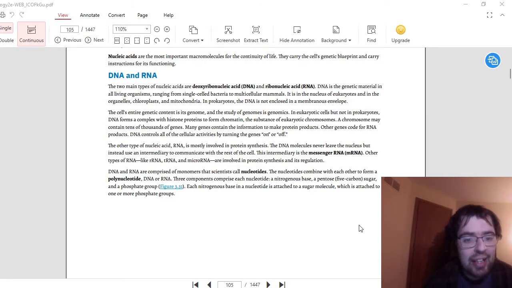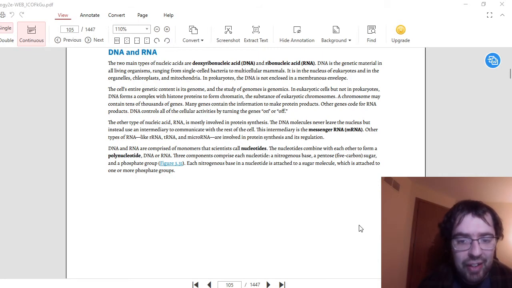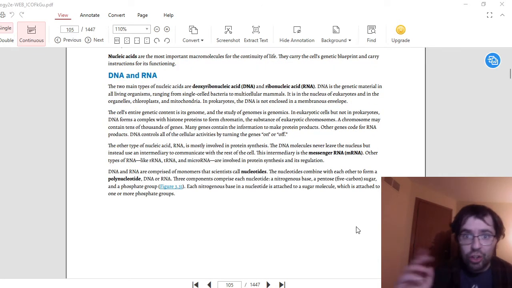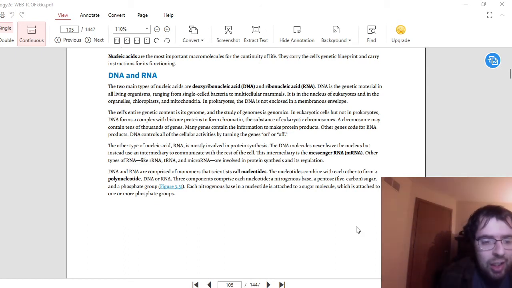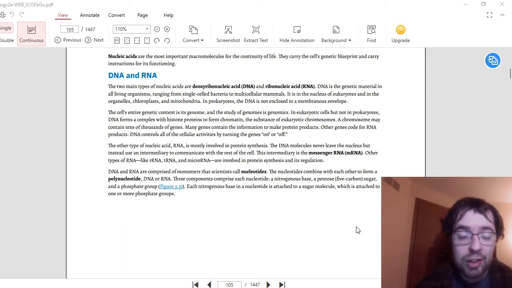RNA is mostly involved in protein synthesis, as we discussed earlier in proteins. Proteins are basically your basic structures. Very often when your proteins are out of whack, then a lot of your functions don't work properly. That's why RNA is so important.